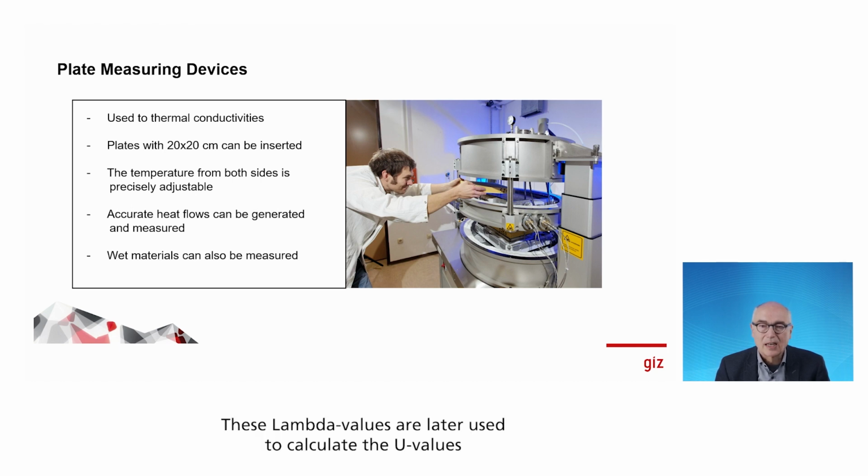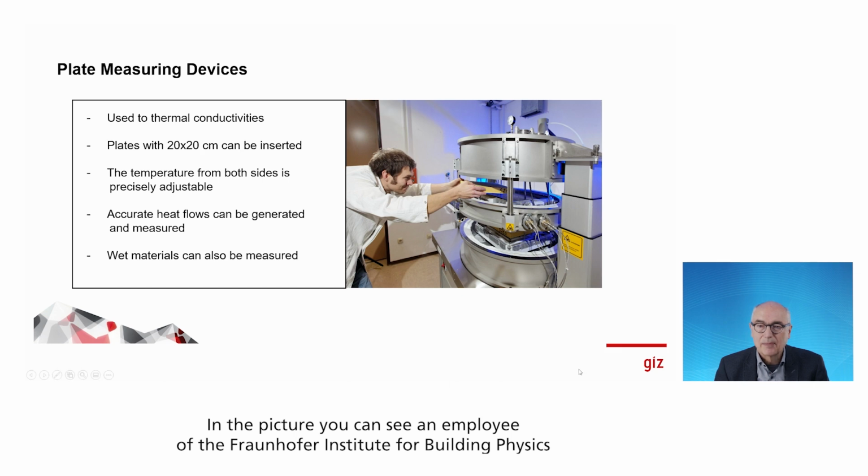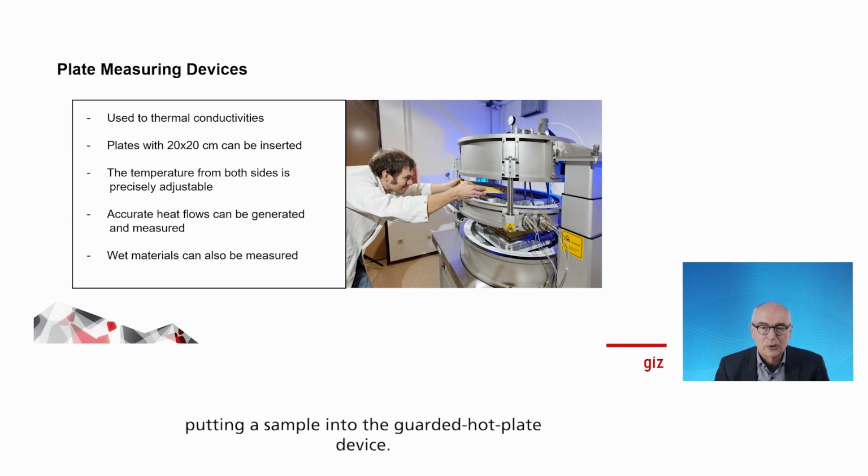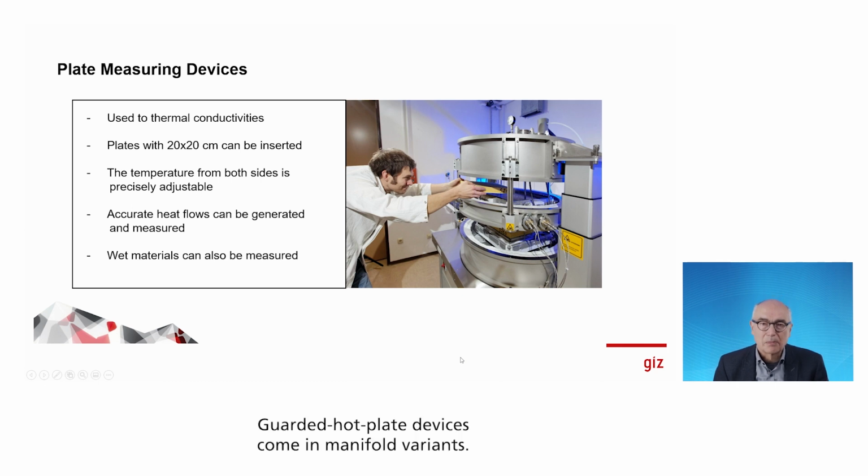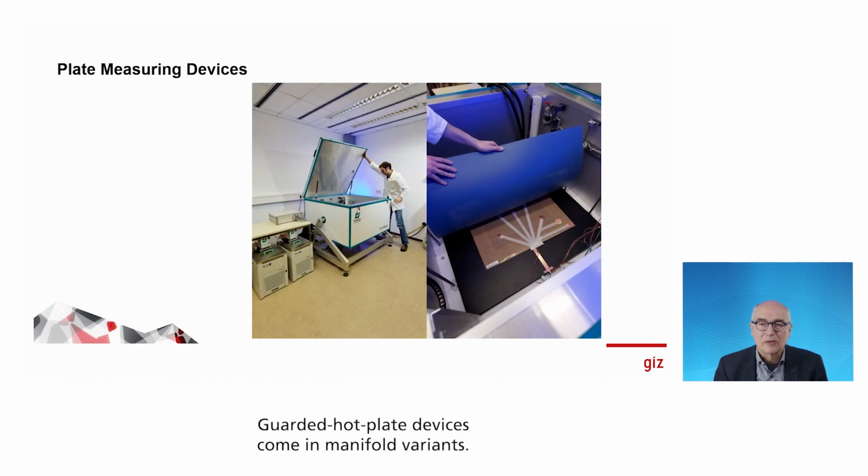These lambda values are later used to calculate the U values, as you have seen in the other submodules. On the picture you can see an employee of the Fraunhofer Institute for Building Physics putting a sample into the guarded hot plate device. Guarded hot plate devices come in manifold variants.